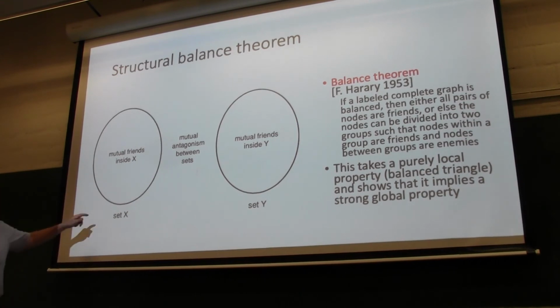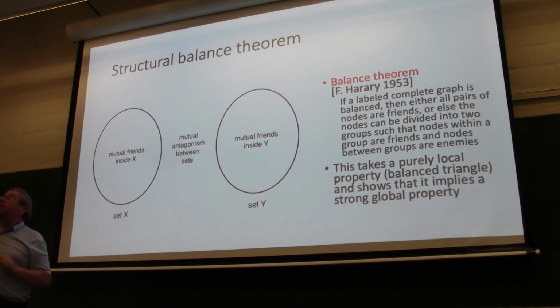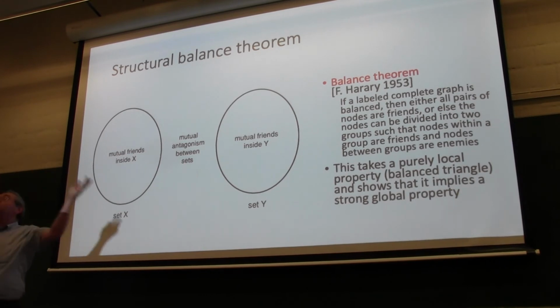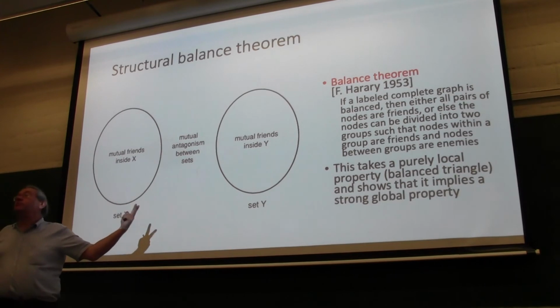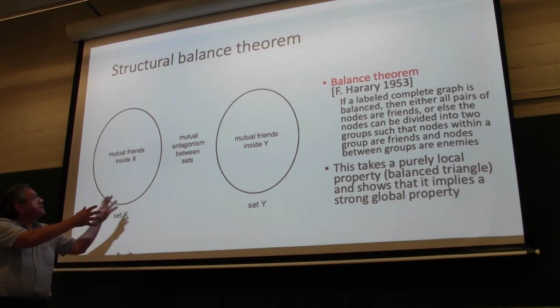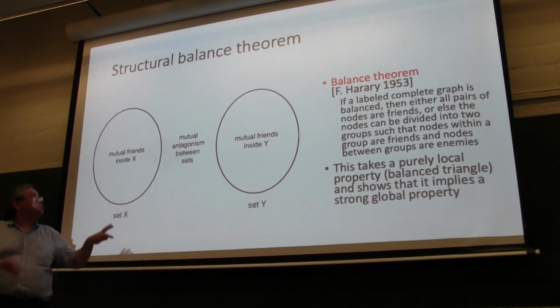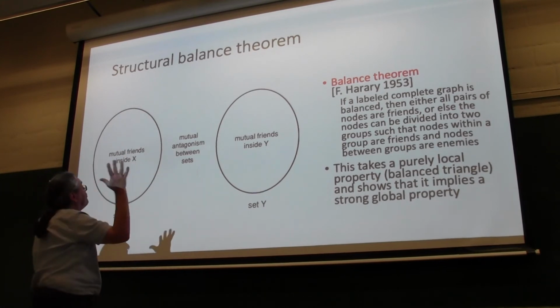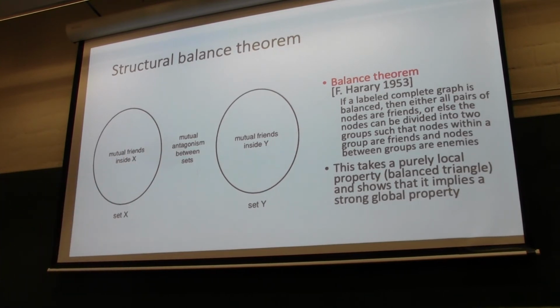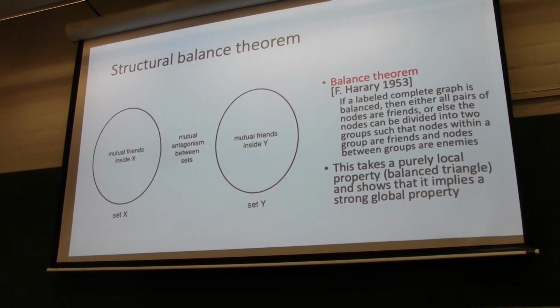So basically, if the graph is balanced, either everybody is a friend, or you have 2 groups of friends who are enemies between. So somehow you could organize the whole graph like that. That's interesting. This is a global property, because it's a property of the whole graph. It's not just a property of triangles.